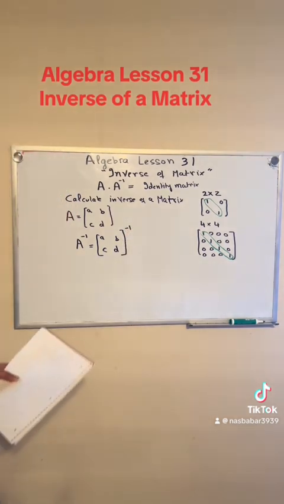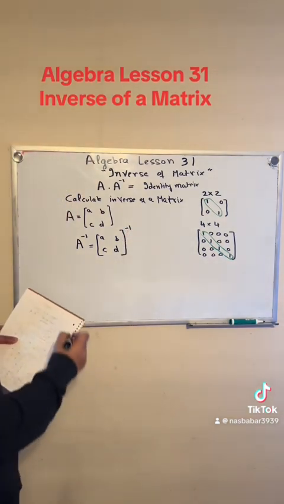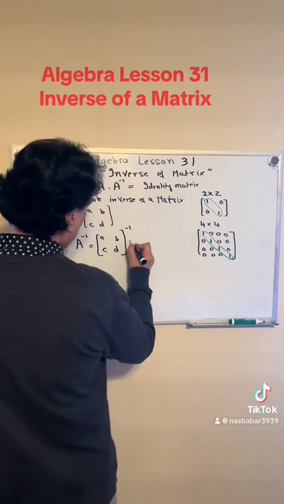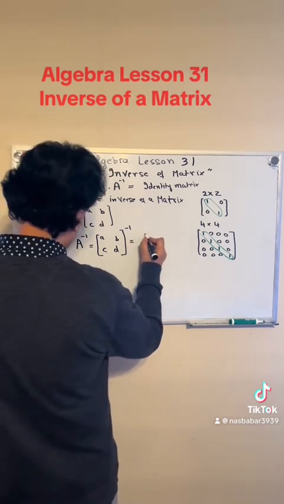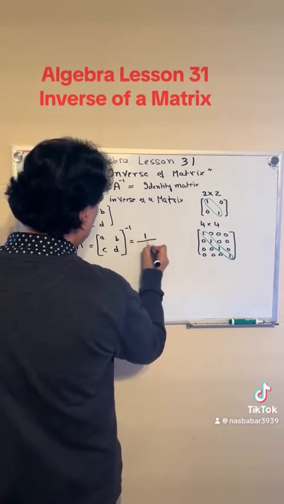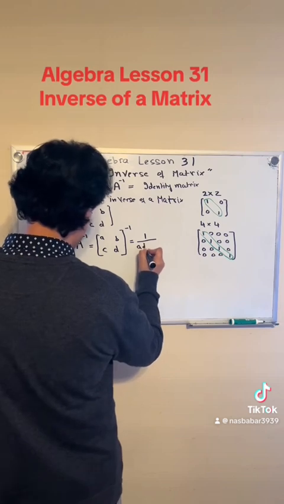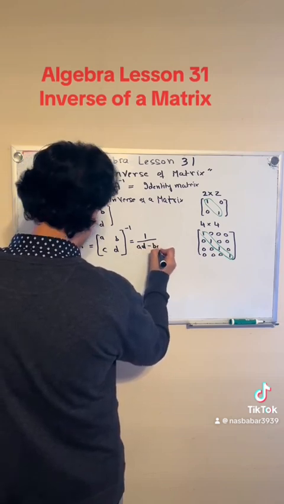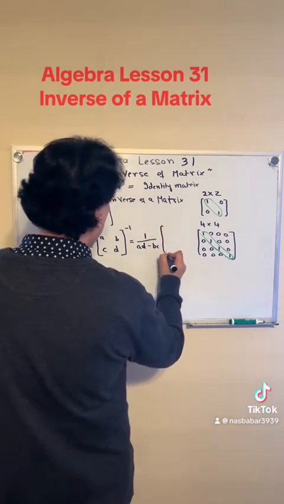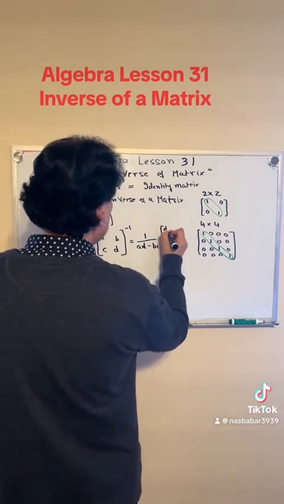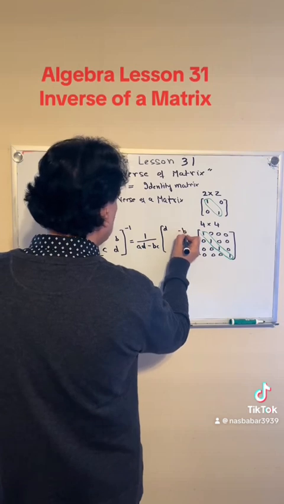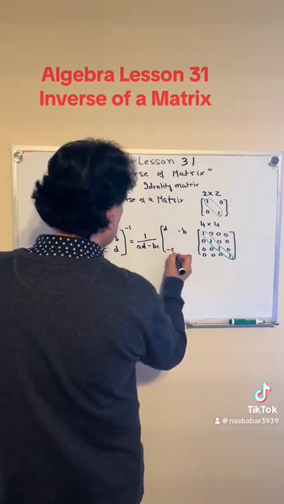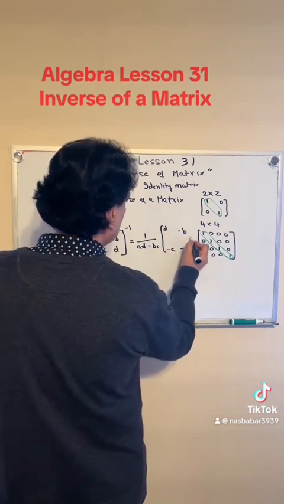Now let's open it up. The formula is 1 over AD minus BC, and then you have D, minus B, minus C, A.